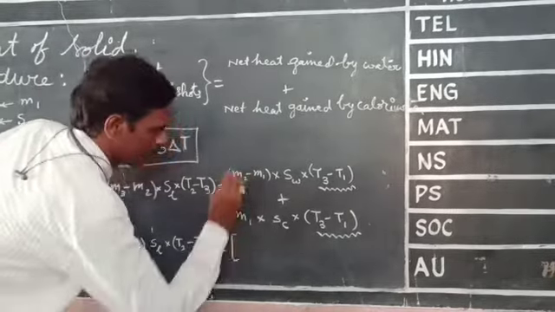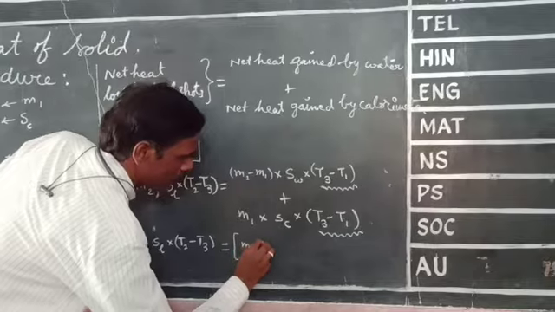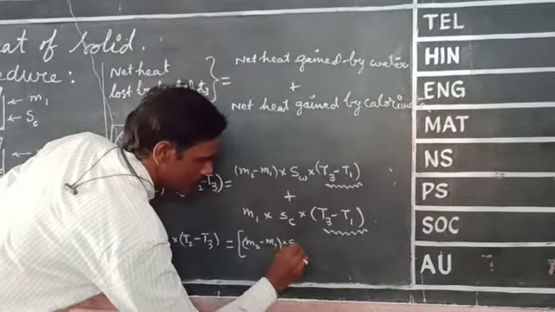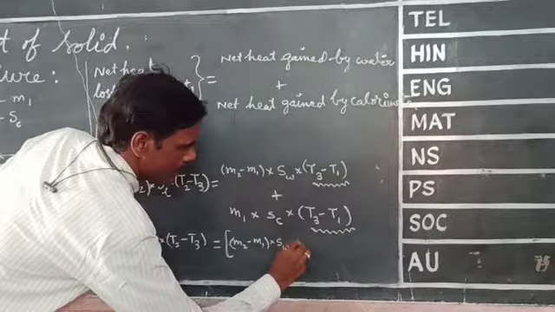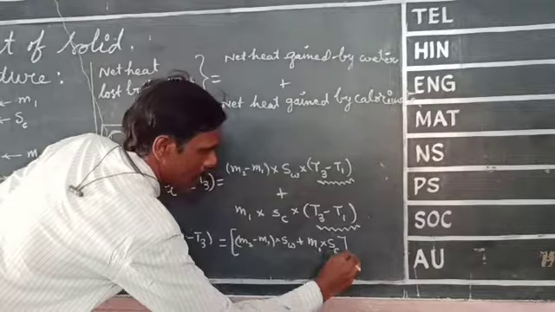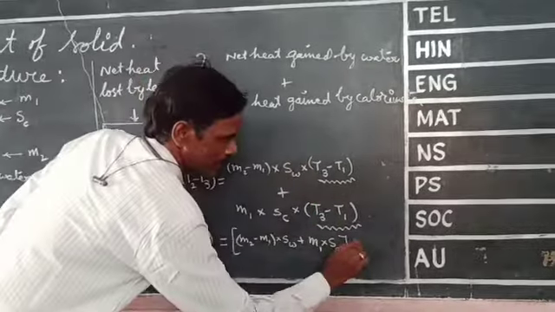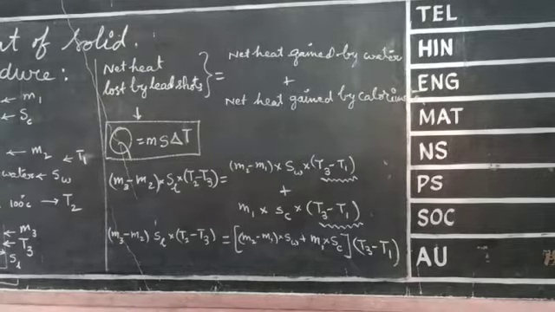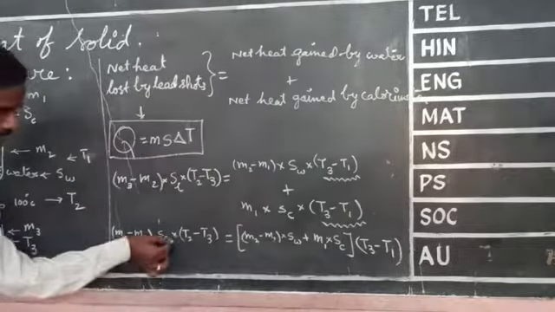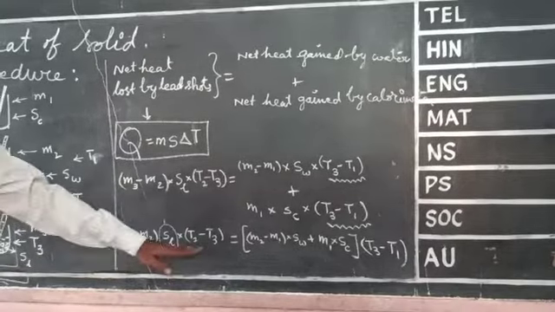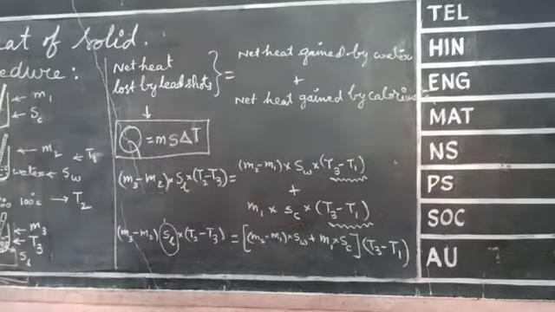Then we get (M2 minus M1) into SW plus M1 into SC, into the common factor T3 minus T1. Now to find SL, we need to transpose these two terms to the RHS.